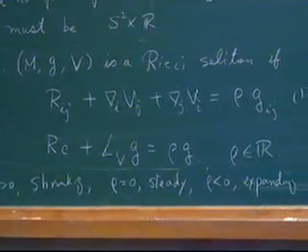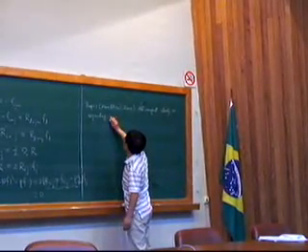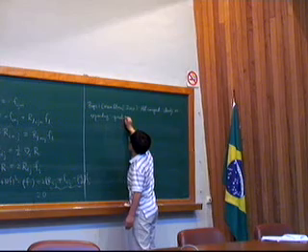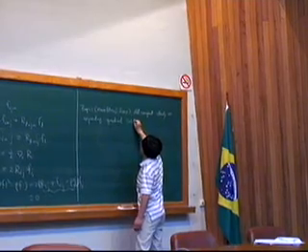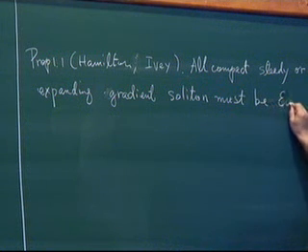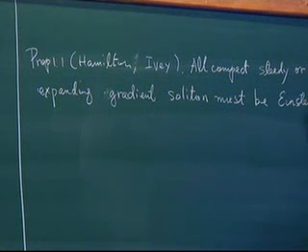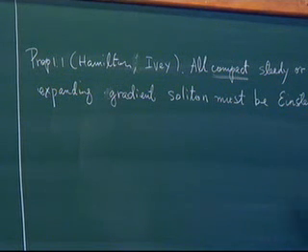So Hamilton and Ivey proved that all compact steady or expanding gradient solitons must be Einstein. That means the compact steady and expanding solitons are trivial ones. When it is Einstein, we call it trivial.